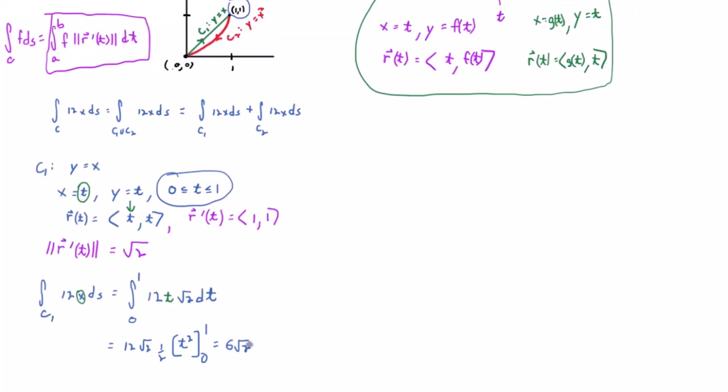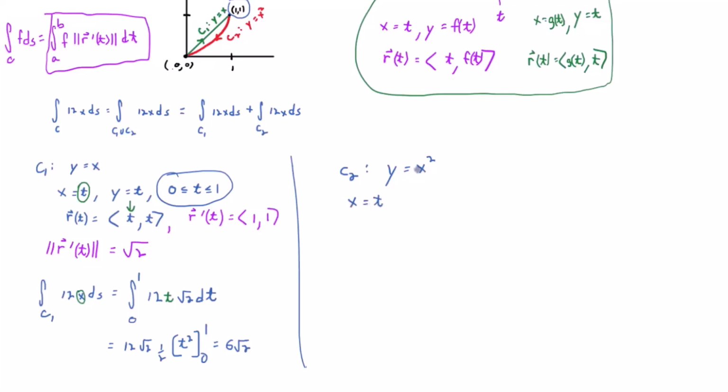That'll be a little more interesting. So let's do kind of in parallel over here, C2. C2 in function form is y equals x squared, just a certain segment of that. So you guys tell me what are our parametric equations then?